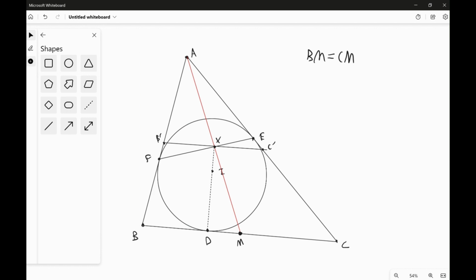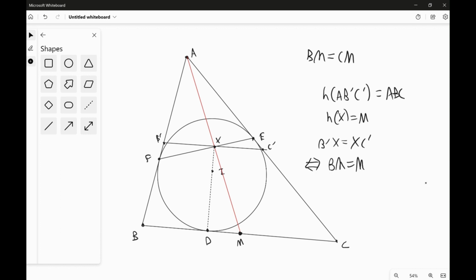So now we know by definition, and the reason why we constructed it in the first place, that h of AB'C' is equal to ABC, which means that h of X is equal to M. So if we can prove that B'X is equal to XC', then this would automatically imply, it's actually equivalent to, BM equaling MC.